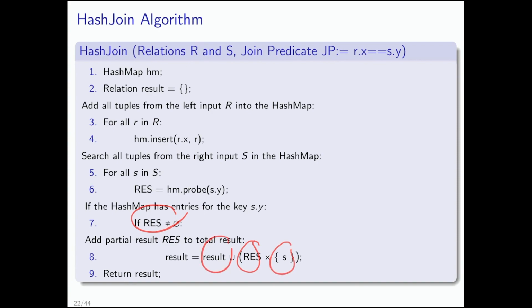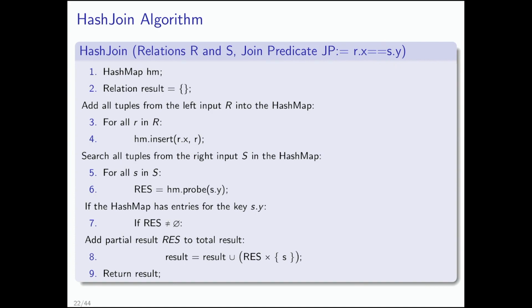So that's what we also saw in how join results are computed. Very simple idea. You create a hash table on the left input using the key from the join predicate, and then you probe each and every tuple from the right input, that's the S relation in that example, using this s.y part of the join predicate to identify the results.